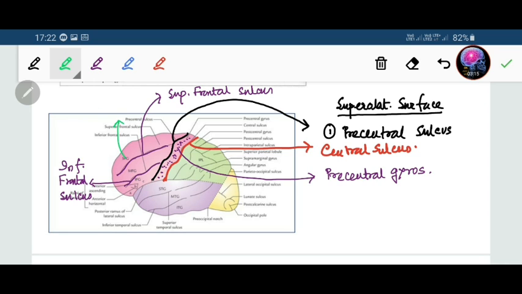So superior frontal gyrus, middle frontal gyrus and inferior frontal gyrus.